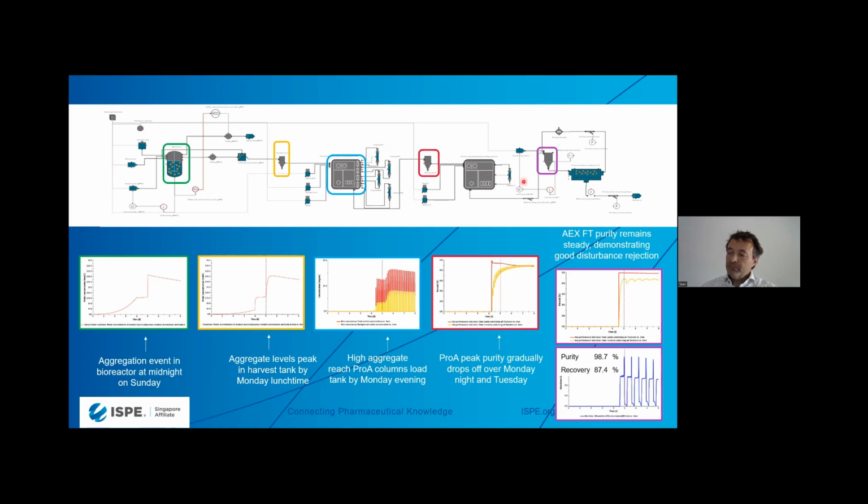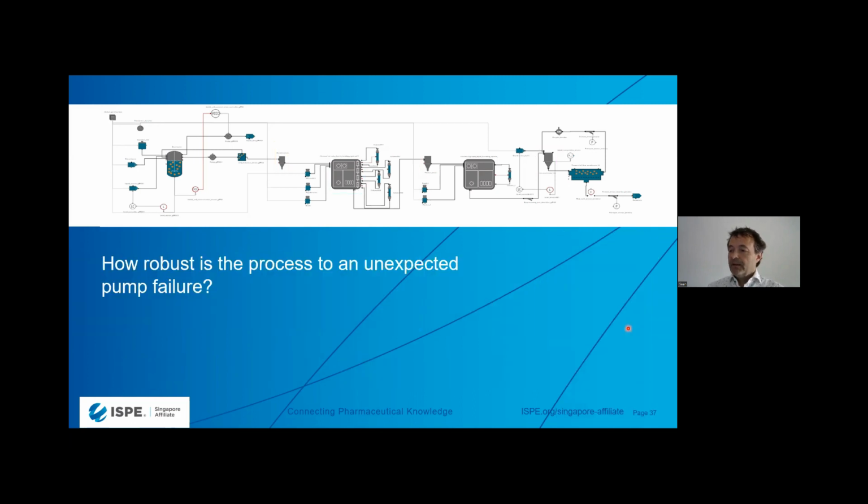So this column is actually able to deal with the disturbances from the upstream section. So this shows good robustness of the process. The next disturbance is a failure of the pump after the bioreactor, so for the perfusion system.